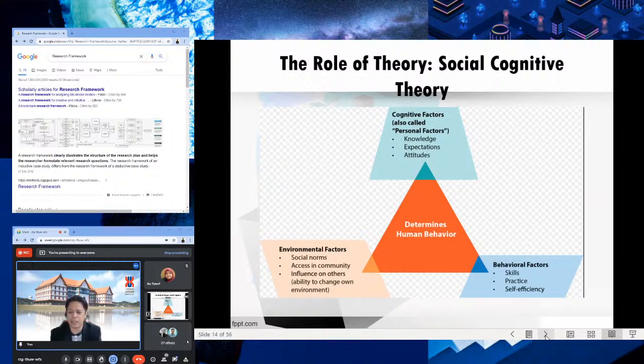In some cases, the environmental factor can also be caused by the nature of the platform. Now we are very active in using online or cyberspace, so maybe this is part of the environmental factor that can disturb how we determine the human factor in social cognitive theories.